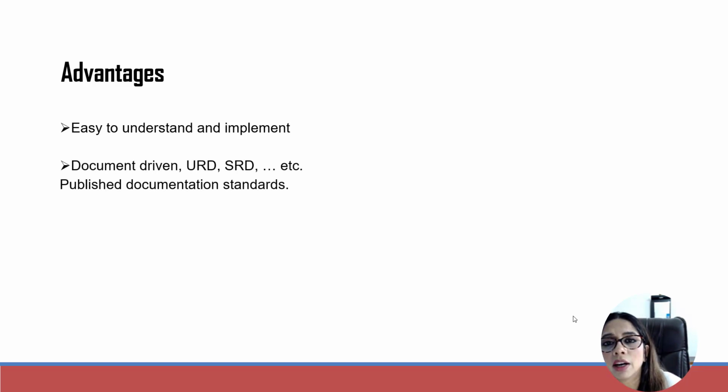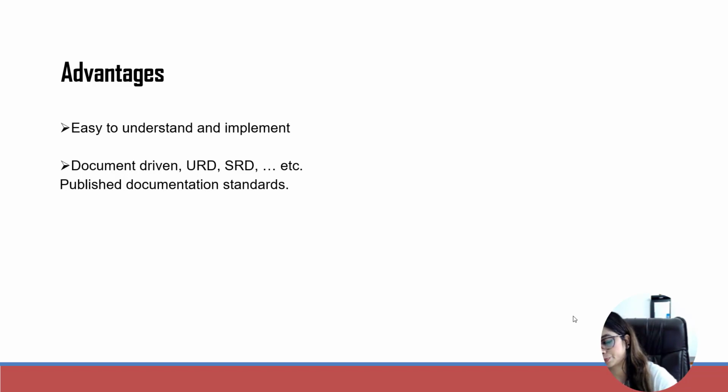The second advantage of the waterfall model is that it is a document driven model. That is, a lot of time is invested in creating good documentation. When we learn further models, we'll see that documentation faces a lot of time crunch and very little time is allowed for creating long and detailed documents.